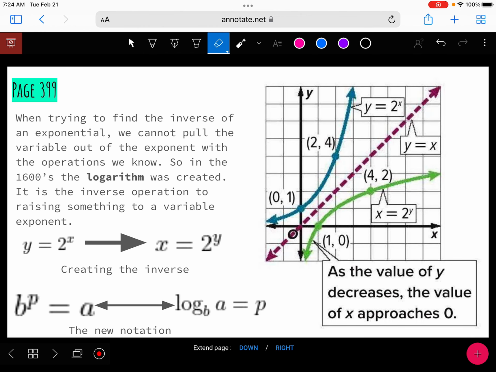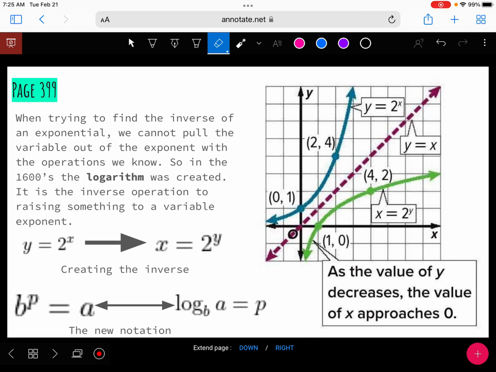We are going to go in your workbooks, page 399. Your book has a whole lot of tables and pictures on there, but what they're really showing you here is an inverse operation.